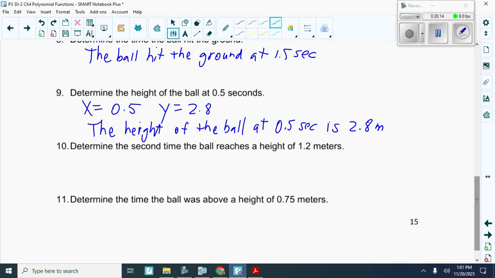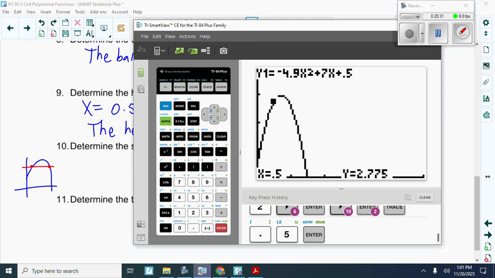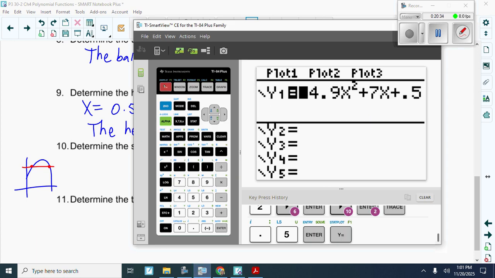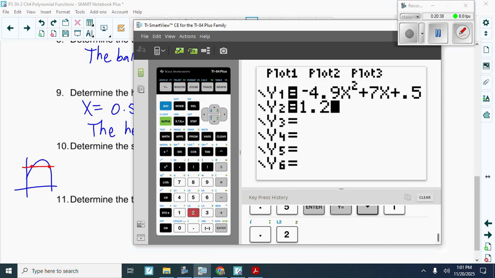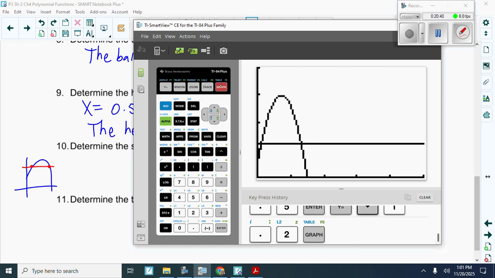Okay, this question was asked before, so this is going to be one of these questions where when we draw it, we're going to notice that when we do 1.2 meters, we're going to have two intersections. So we have to make a y2 equals 1.2, and then when we graph it, you can see that lovely intersection.